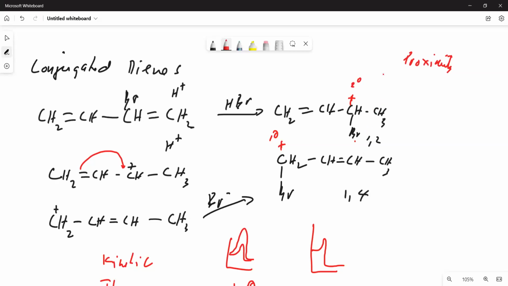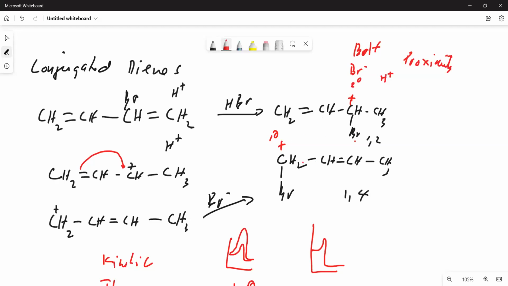So imagine you have the H plus here, let us say from HBr. HBr is a covalent bond. So once the H plus is released, the Br minus is already positioned here. So you have a very close proximity.